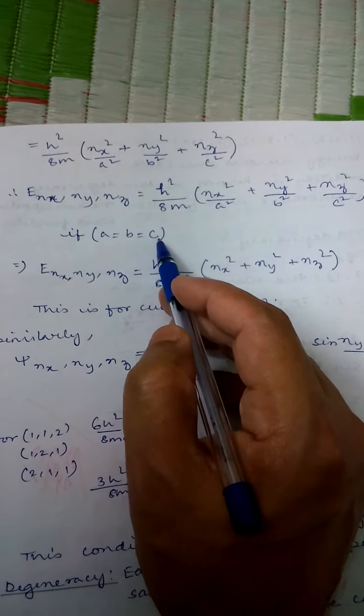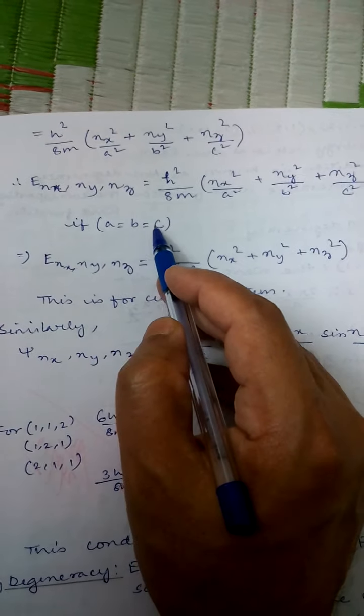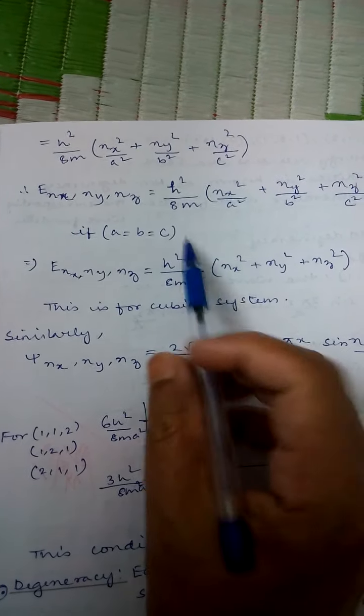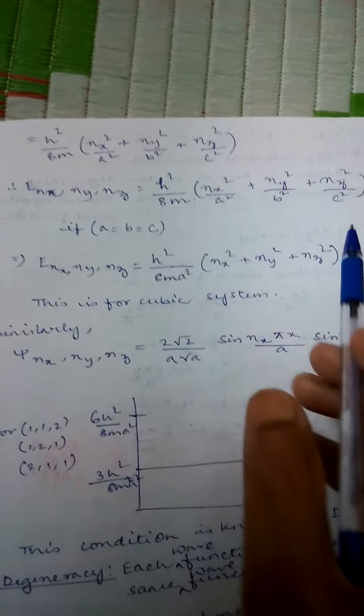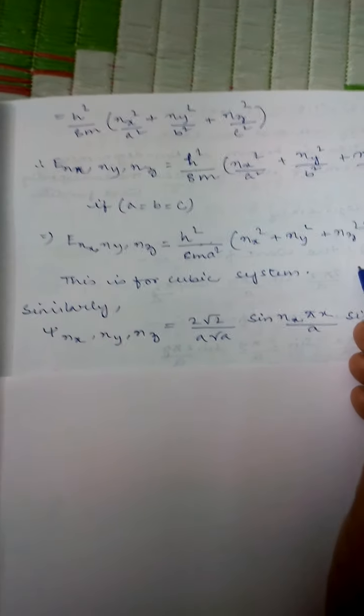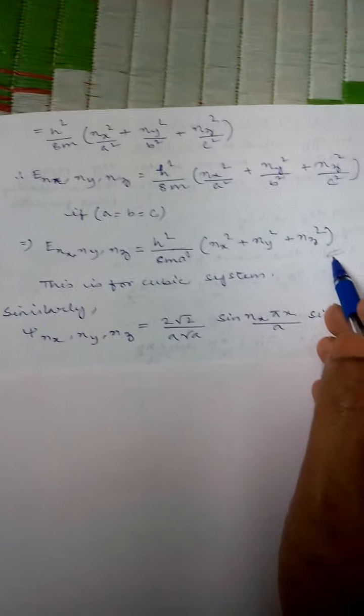A, B, C are the same. Three sides are the same. For a cubic system, the energy should be h square by 8m a square, putting a equals b equals c, within bracket nx square plus ny square plus nz square. Okay. So this is the energy eigenvalue for a cubic system, cubical box.